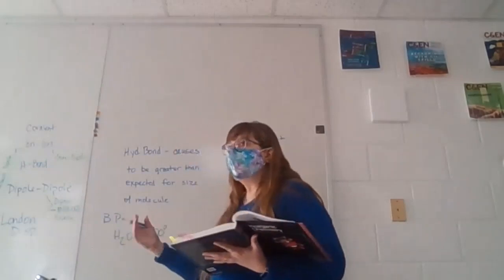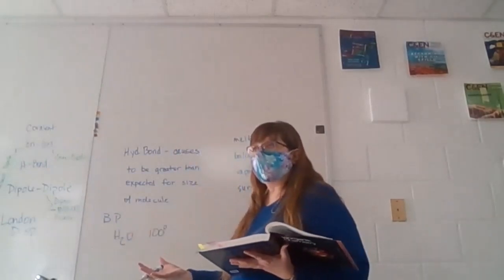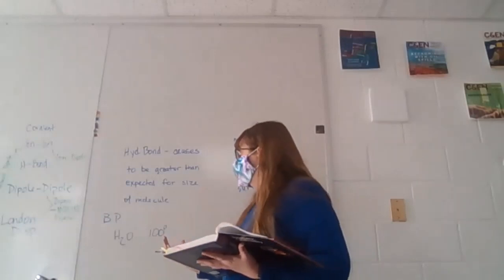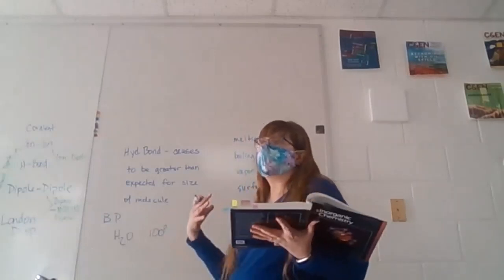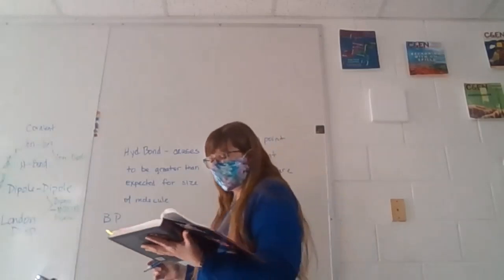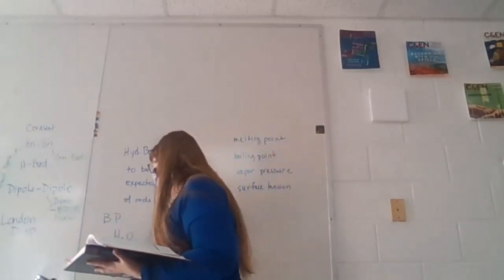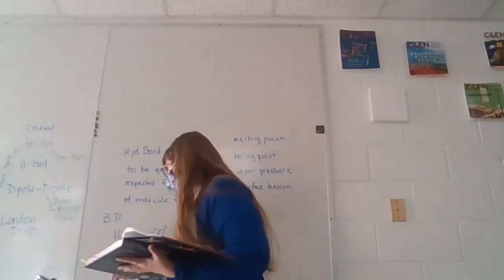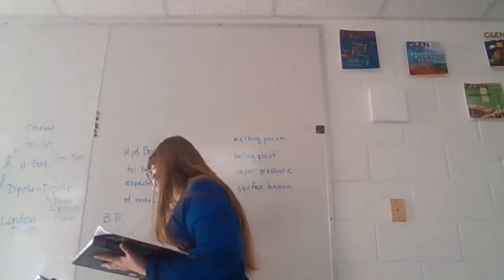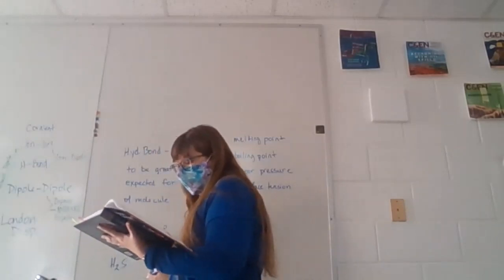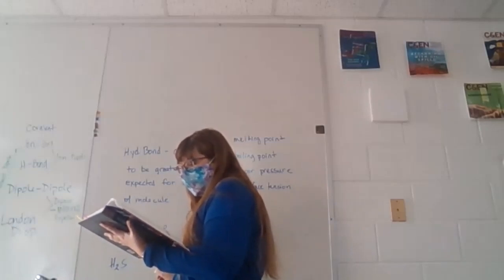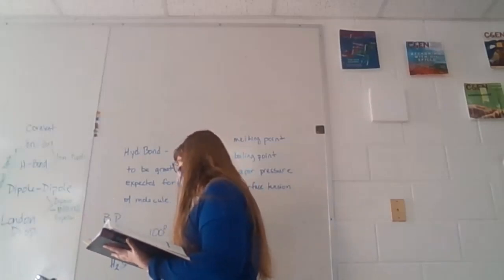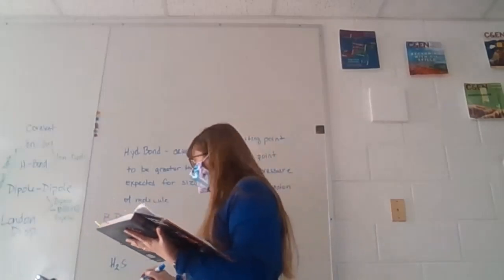Now, typically, we would expect the larger the molecule, the higher the boiling point would be, because there's more electrons, because it's heavier, so they tend to be more attracted to one another. Hydrogen sulfide is a gas at room temperature. Its boiling point is about, looks like -60, I'm guessing from this chart. I don't have the actual numbers.